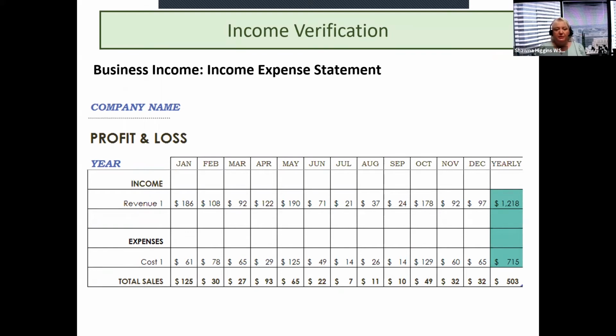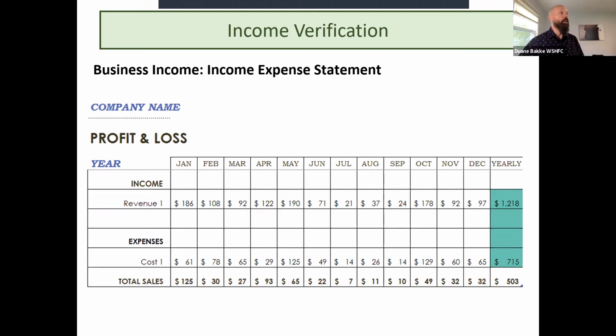At the very bottom, it's going to give them the total, which is the revenue minus the expenses, and this is the number that we're going to use. This is their yearly income minus their yearly expenses. So they made 1,218, but they're only going to have to claim 503 because they spent 715 on expenses.